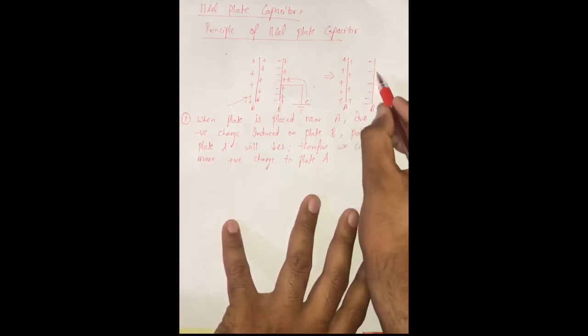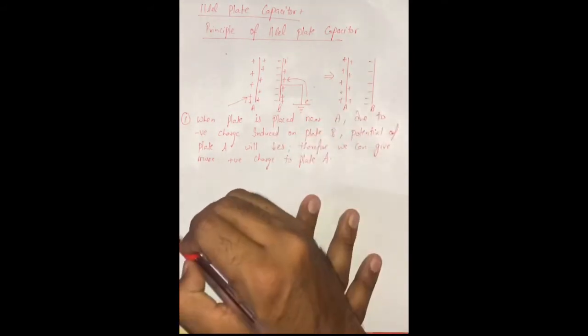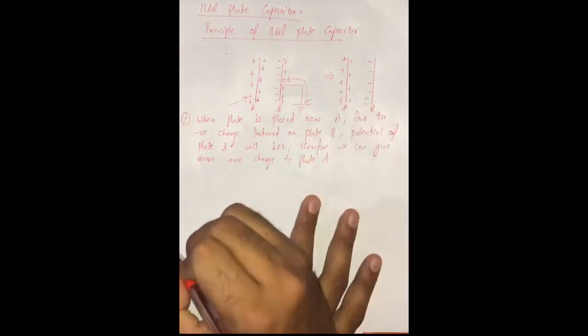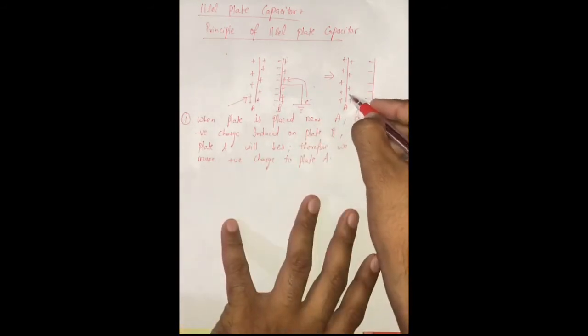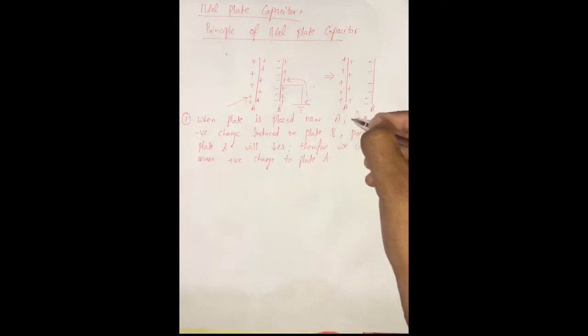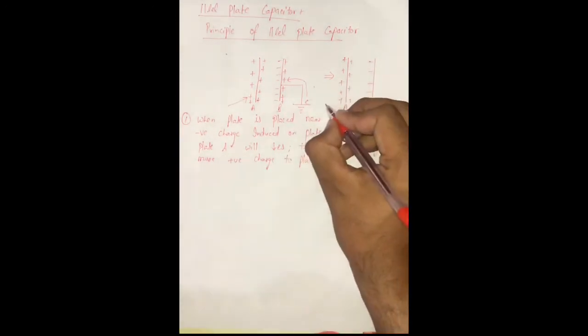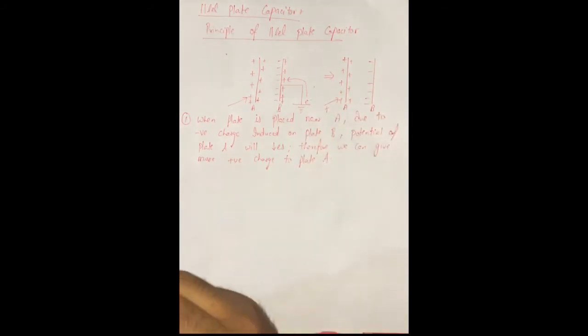Now this negative charge will go on to decrease the potential of plate A. So now plate A will be in a condition to accept more positive charge. So we can further give more positive charge to plate A.